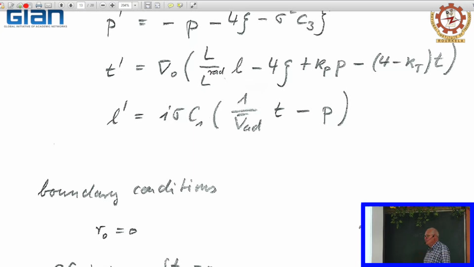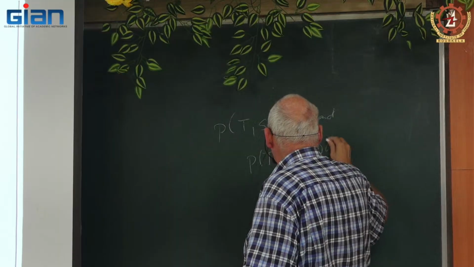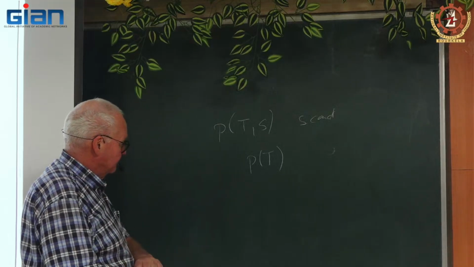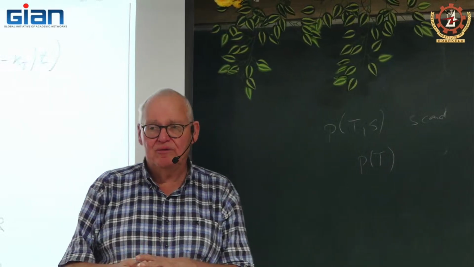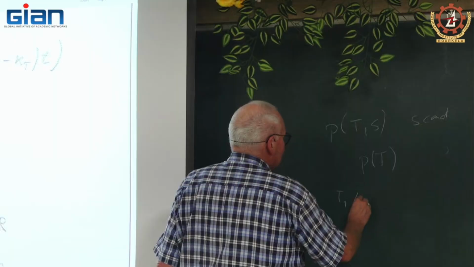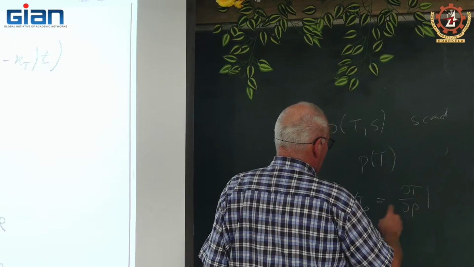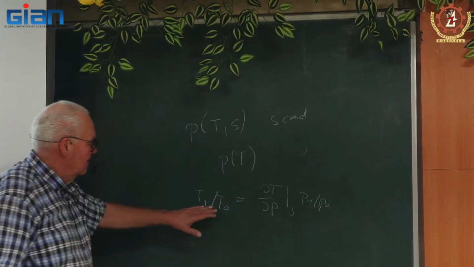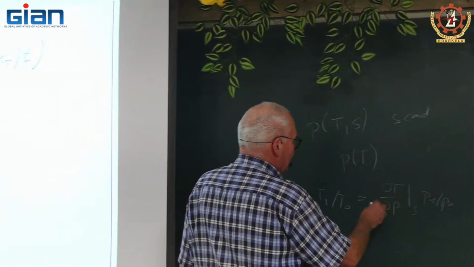If the entropy is constant, then P is a function of T. If we express the temperature perturbation in terms of the pressure perturbation, then T1 over T0 is the derivative of log T by log P at constant entropy times P1 over P0.